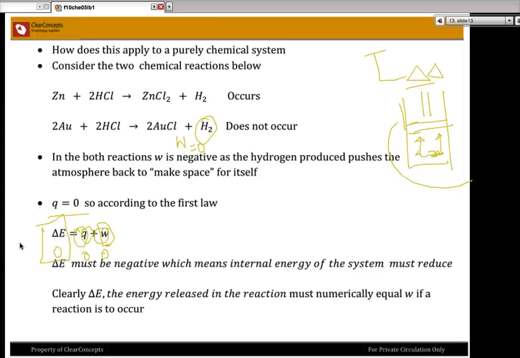As we saw in this case, the lowering of energy here is enough for this mechanical work to take place, to push the atmosphere out to make room for hydrogen. In the second reaction, delta E is not enough, therefore it doesn't occur at all. I hope that point is quite clear.